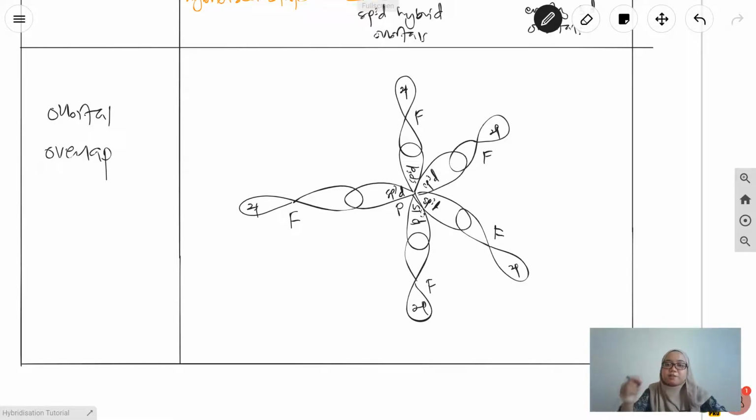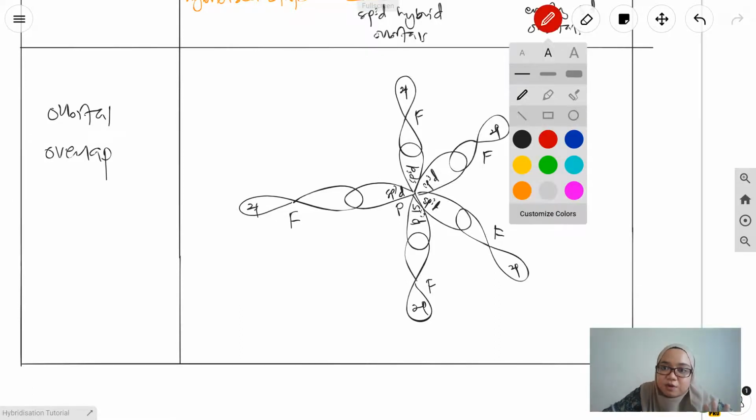Okay, so we have labeled all the orbitals. Okay, so now we need to draw the electrons and label the sigma bond.